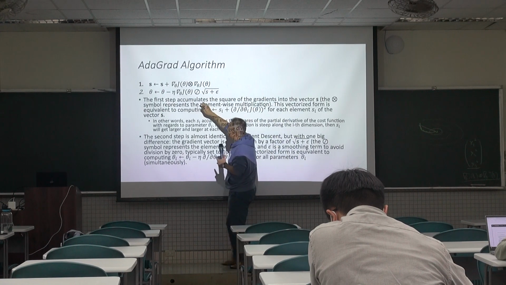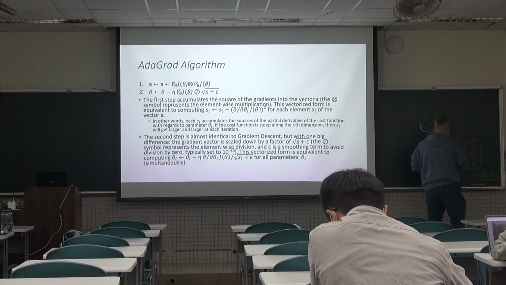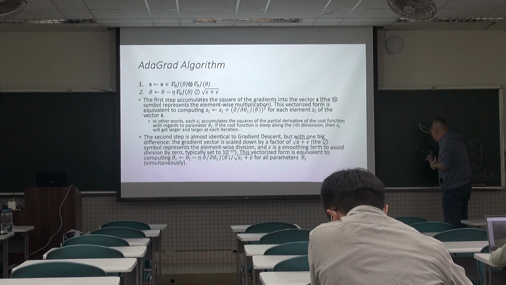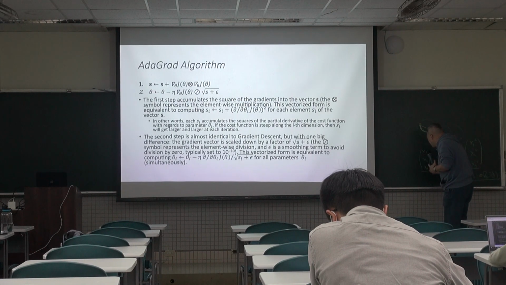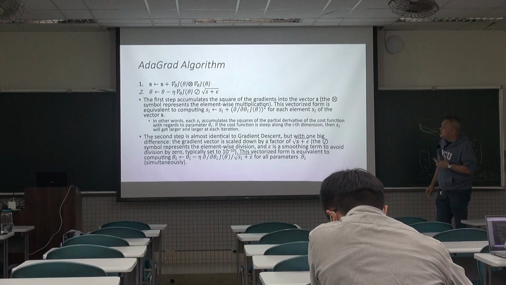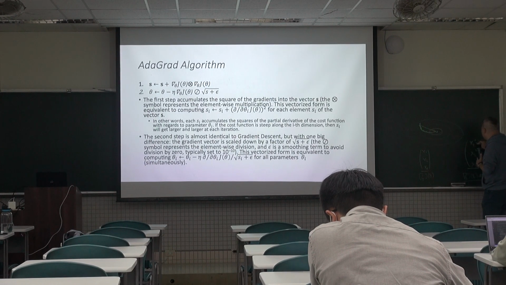For each component, x1, x2, x3, which is our gradient of J(theta), we divide by the square root of S plus epsilon.